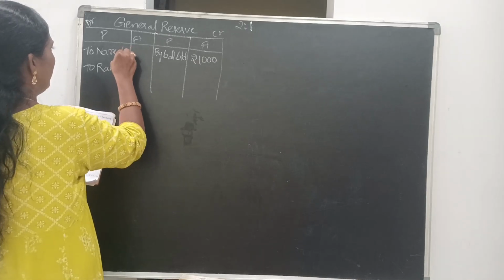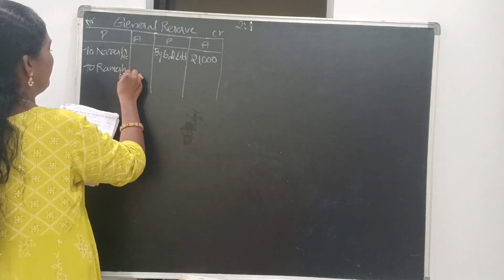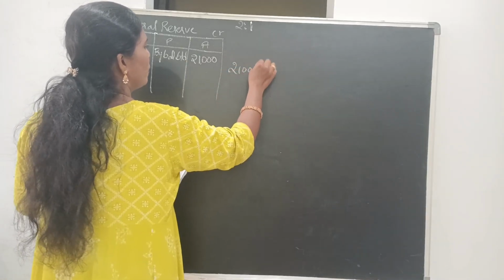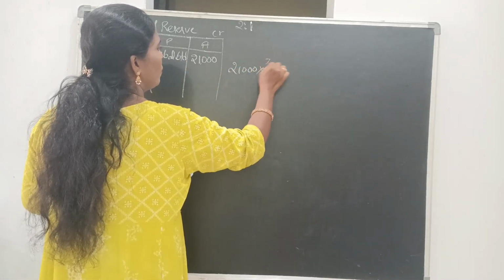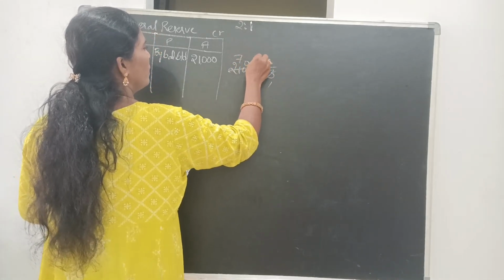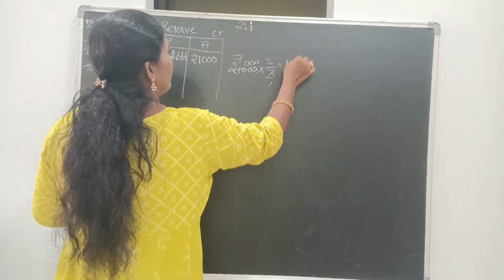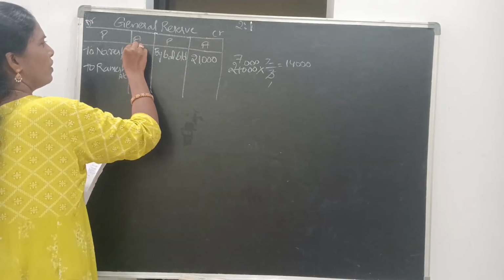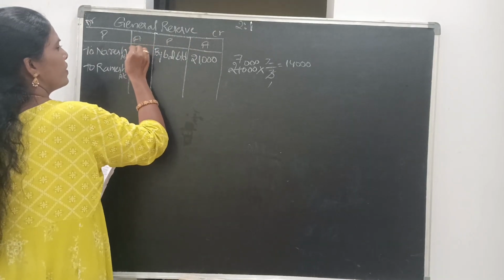So Naresh account, in the ratio of 2:1, means 2 by 3 of 21,000, which is 14,000. That is Naresh's share in general reserve.